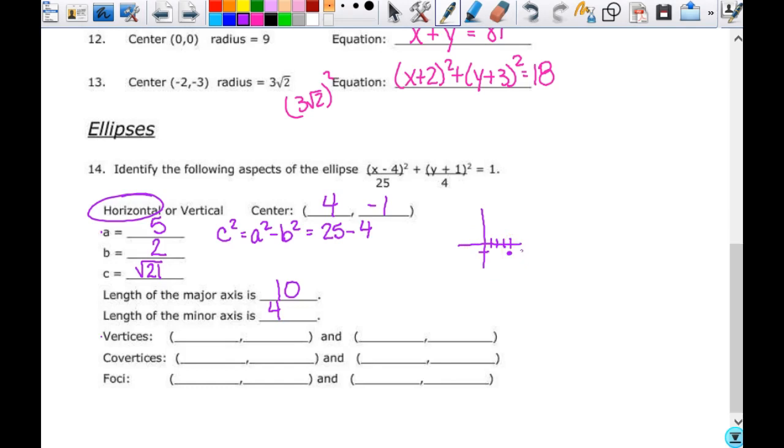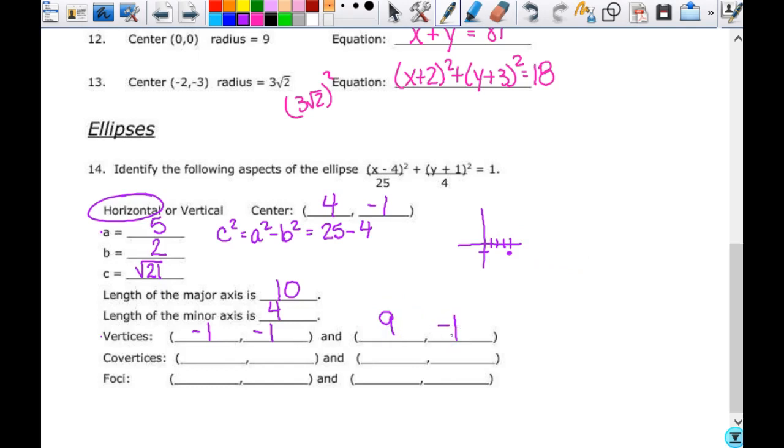So my X is changing, which means I take my center, I would subtract A, so 4 minus 5 is -1, and I take 4 and I would add 5, so this gives me 9, -1.